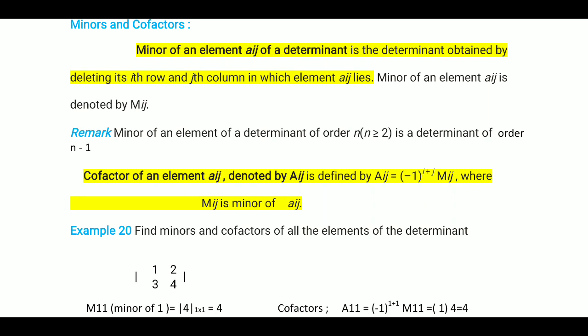Now another definition: the cofactor of an element Aij, denoted by capital Aij, is equal to minus 1 power i plus j, where ij shows the row and column, multiplied by Mij, the minor of that element.